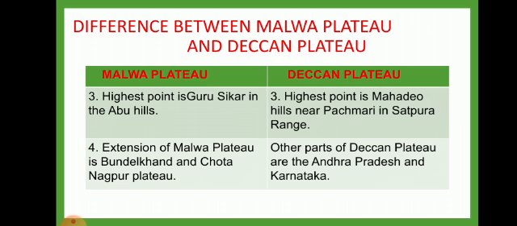Deccan Plateau's highest point is Mahadev Hills near Pachmarhi in the Satpura range. Fourth point: extensions of Malwa Plateau are Bundelkhand and Chota Nagpur Plateau. Other parts of Deccan Plateau are Andhra Pradesh and Karnataka.